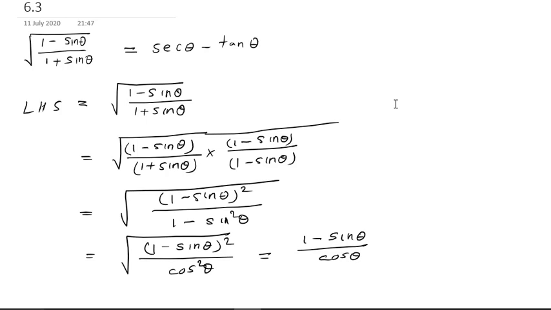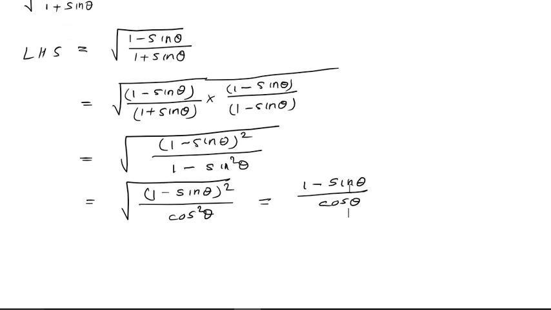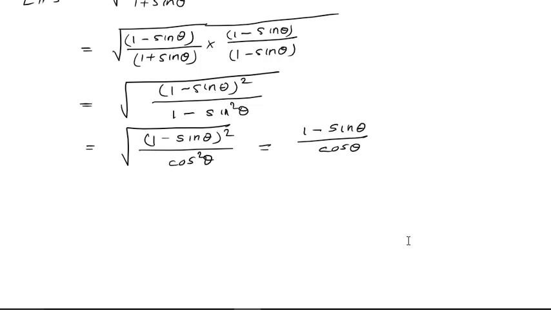Now what we have to prove? We have to prove that this is equal to sec theta minus tan theta. So if I separate it, I will have 1 upon cos theta minus sin theta upon cos theta. 1 upon cos theta is sec theta, minus sin upon cos is tan.